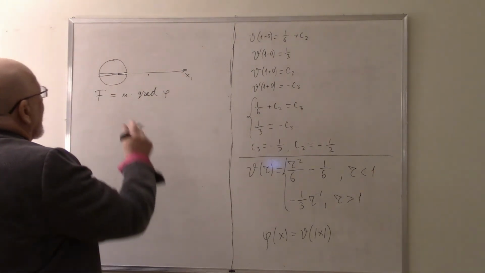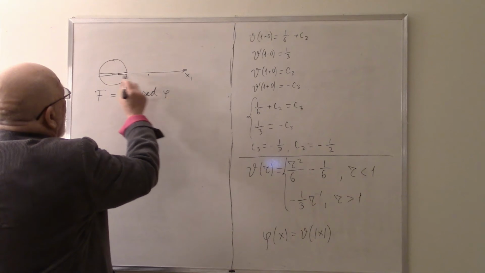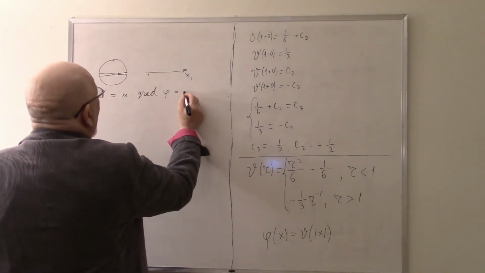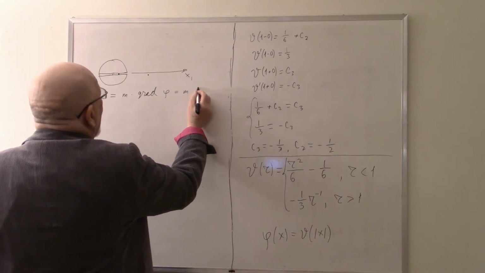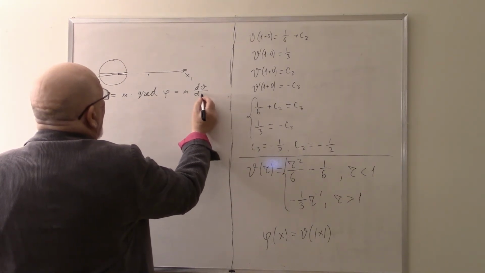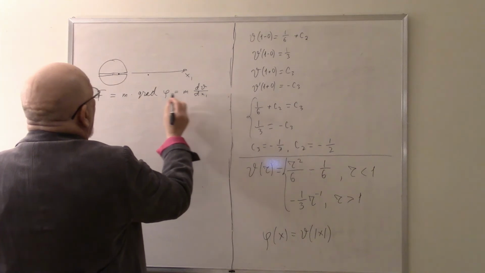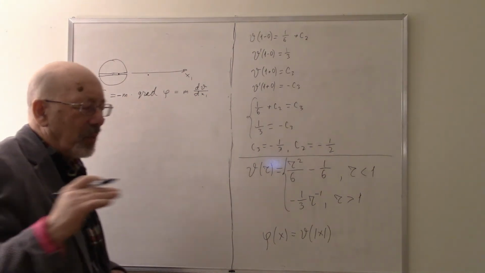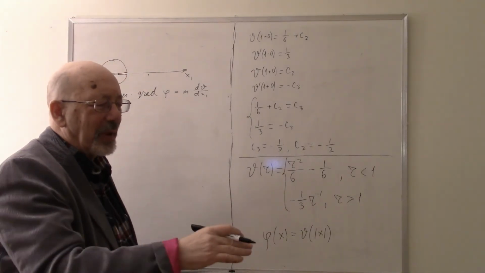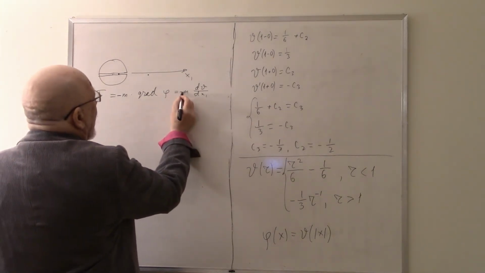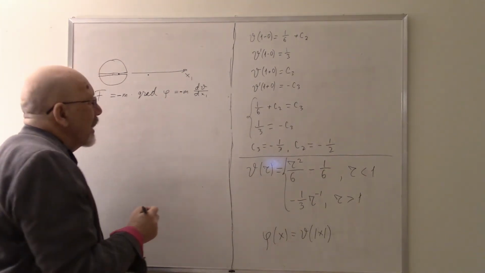So if I move along the x1 axis, it equals m times dV/dx1, but here we have to put the minus sign. The force acts in the direction of decrease of potential. So it is minus m dV/dx1.